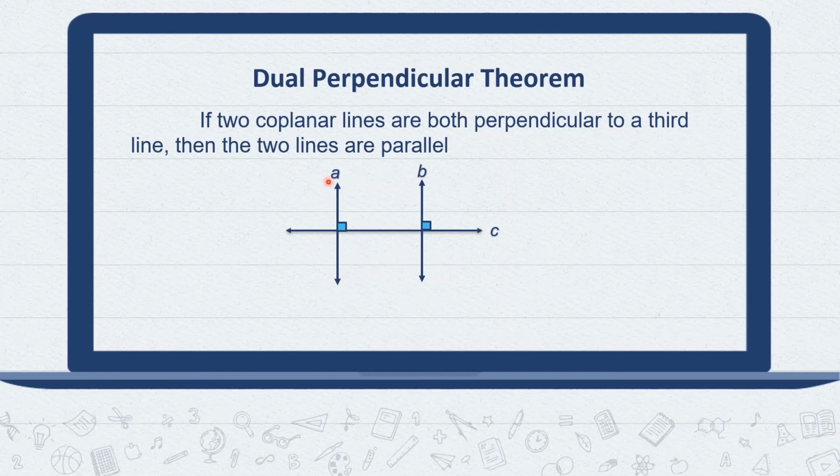Let's say line A and line B are both perpendicular to line C. So if line A is perpendicular to line C and line B is perpendicular to line C, then we can say that line A is parallel to line B.